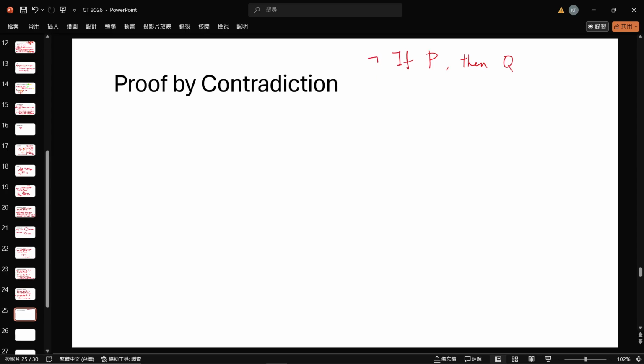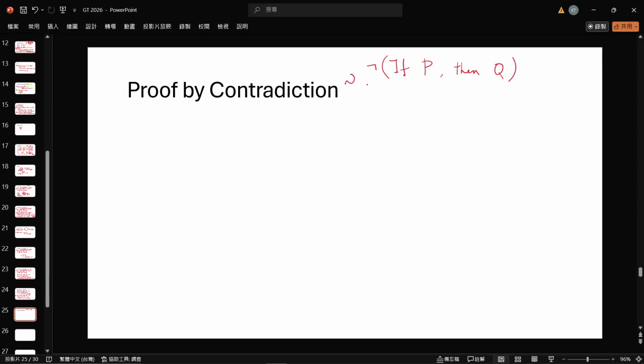So now we're considering the negation. The first choice, if P, then not Q.